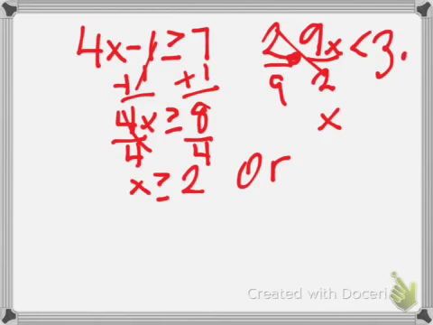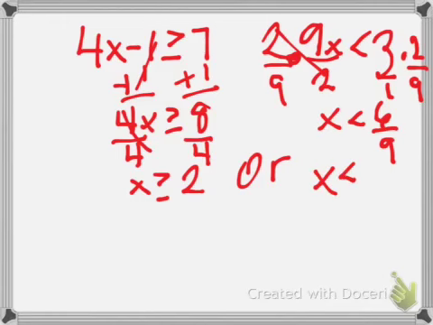So now I want you to do the other side the same way. Now you have a 3 over 1, so multiply straight across and you end up with 6/9. You can simplify that. You can even use your calculator to simplify that. Math, enter. 6 divided by 9, math, enter. So x is less than 2/3.